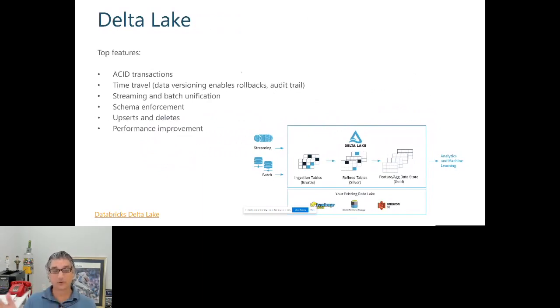Time travel, so you can version things, roll back, and have an audit trail. You can unify stream and batch with Delta Lake, there are performance improvements, and a handful of other things. But this is what allows customers, that I'm starting to see, to say, okay, maybe I can get away without using a relational database because I can put these features on there.